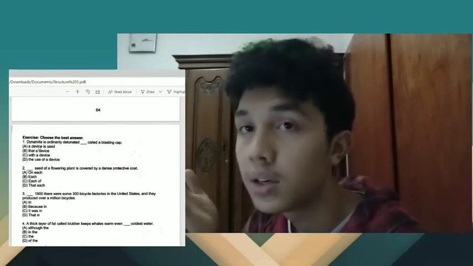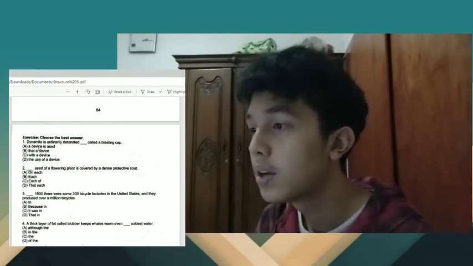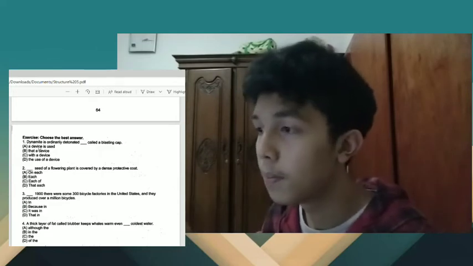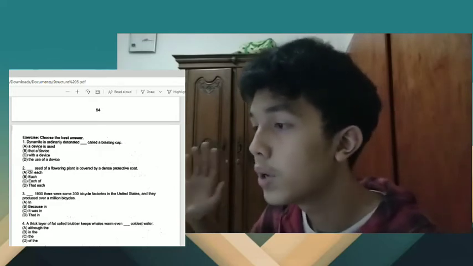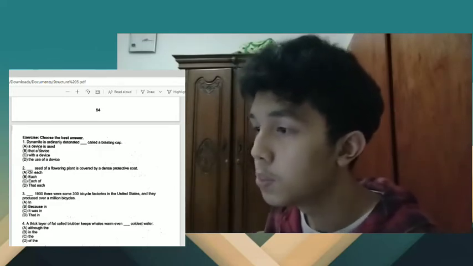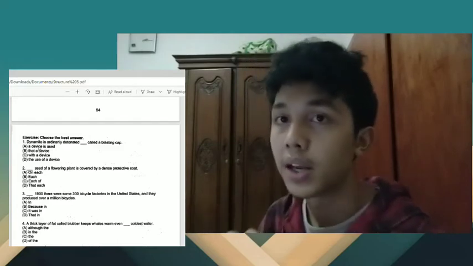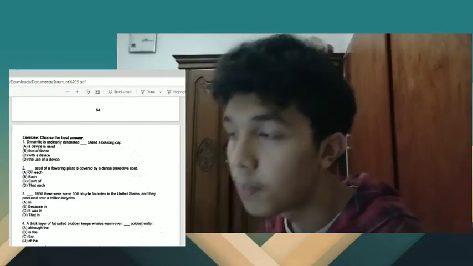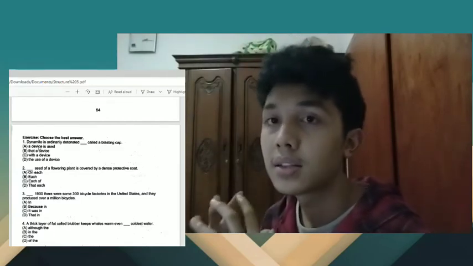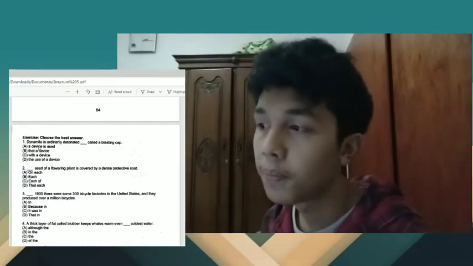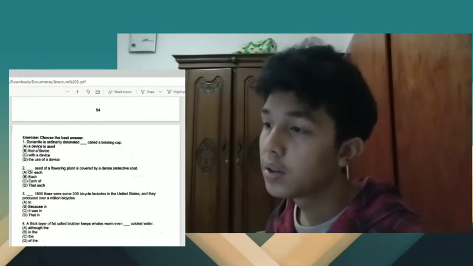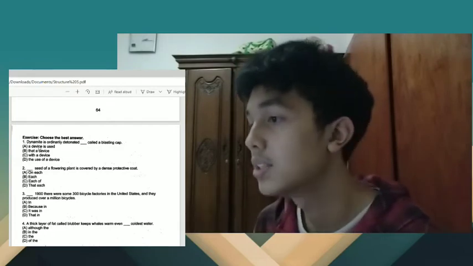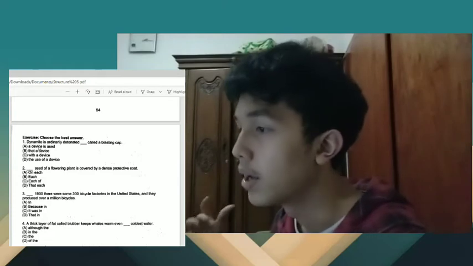And the same goes with covered, because covered is a verb, but here it's followed by by, which means that it's not covering as a verb, but covered as an adverb, a dense protective coat. So blank blank blank seed of a flowering plant is covered by a dense protective coat.